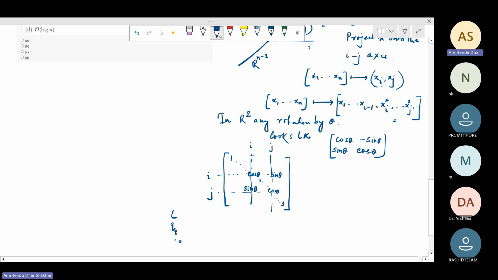So any matrix of this kind is what we are calling a rotator.